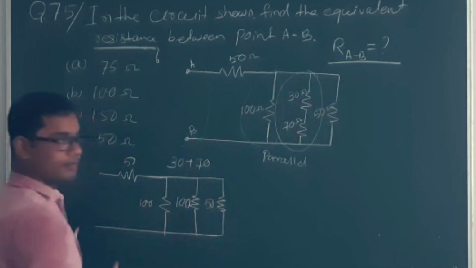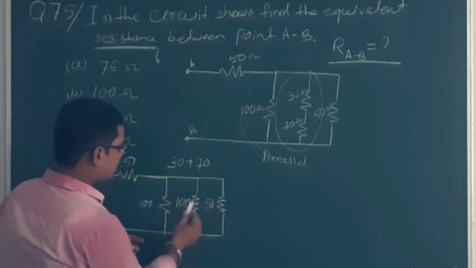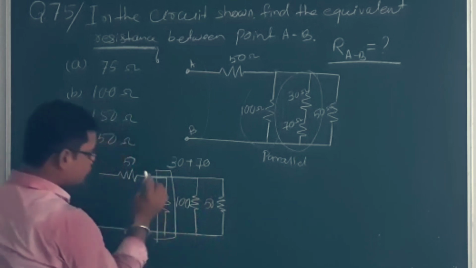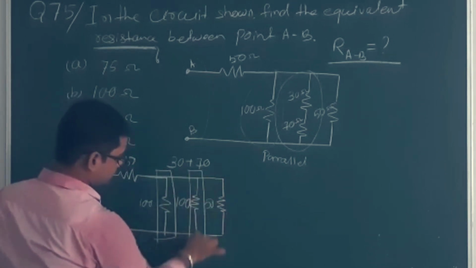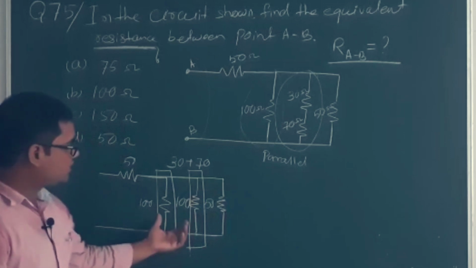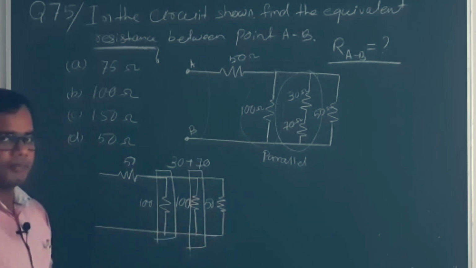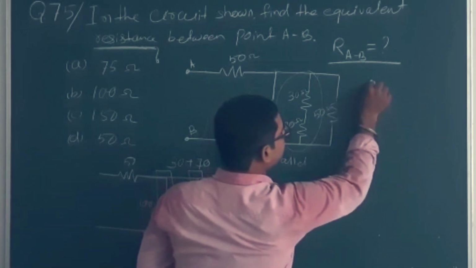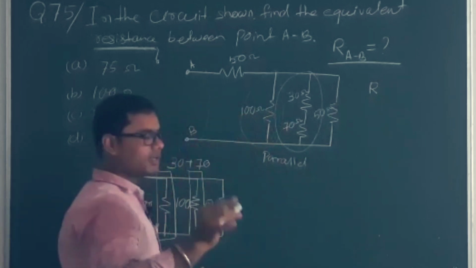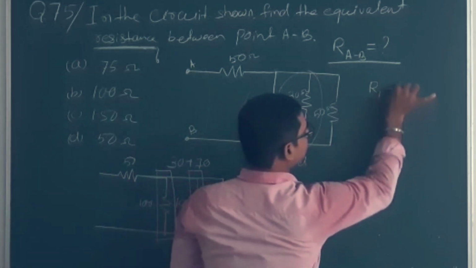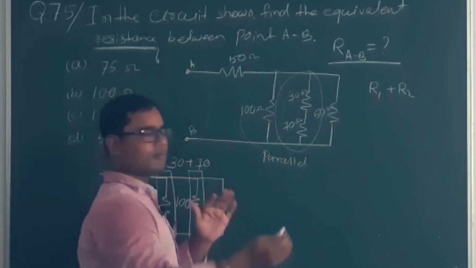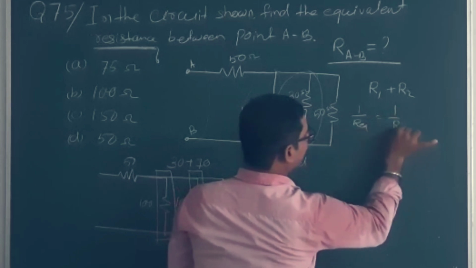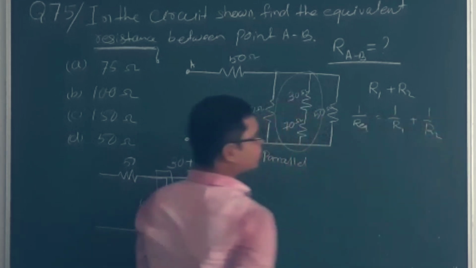Now these are parallel. If you solve this one and this one, this is 100 ohm and 100 ohm in parallel. When R1 and R2 are in series, it is R1 plus R2, and when R1 and R2 are parallel, 1 by R equivalent equals 1 by R1 plus 1 by R2.